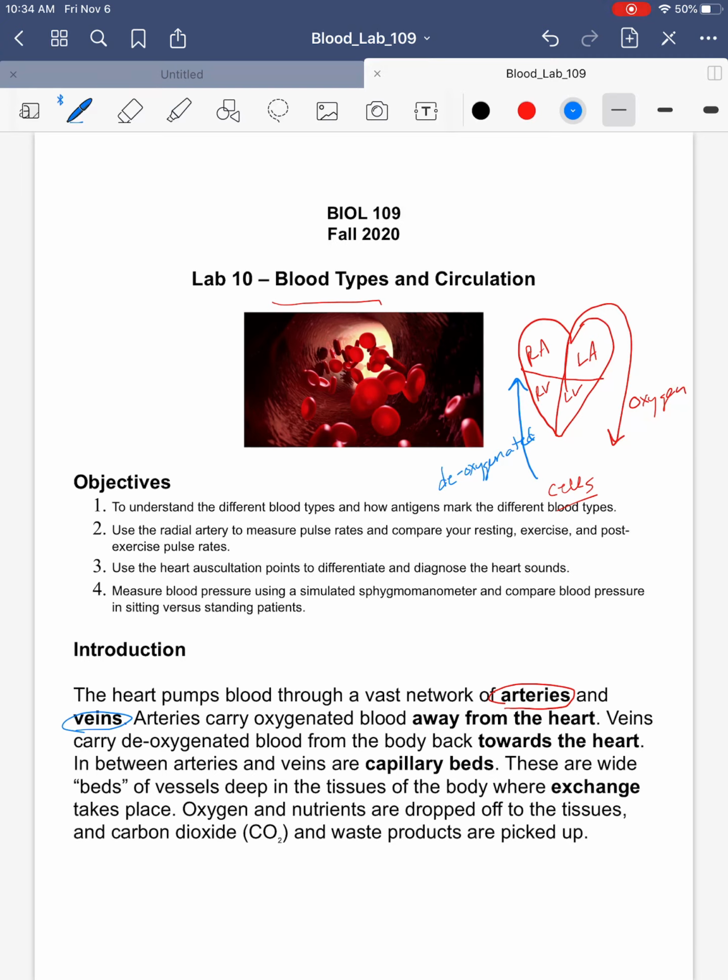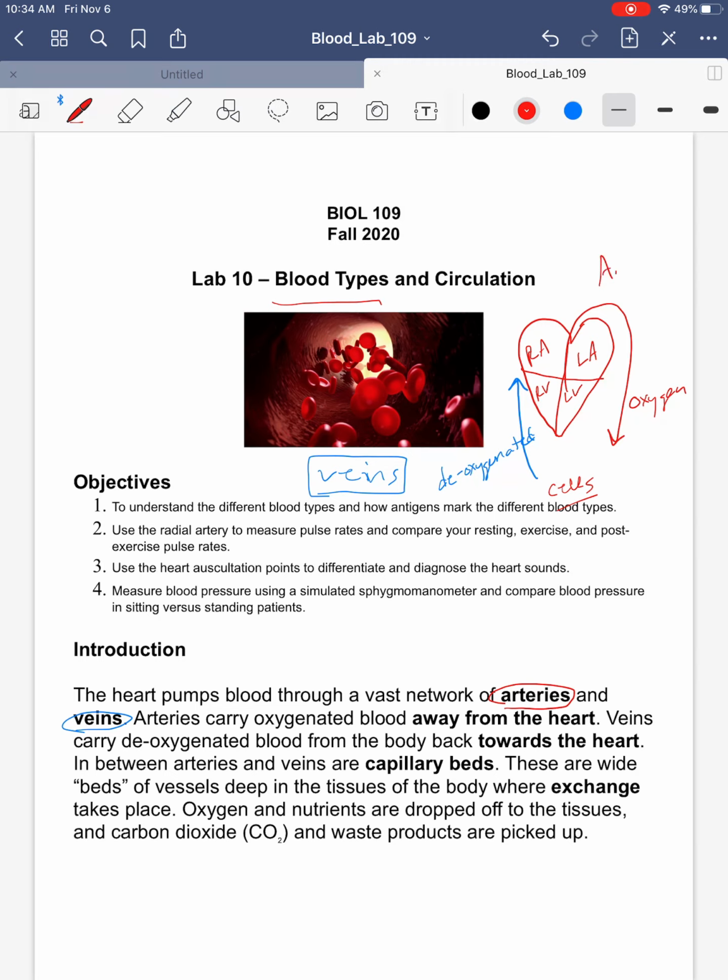So make sure you know the difference. So in the blue we have veins, and you should know that veins carry blood towards the heart. And you should know that veins carry blood that is deoxygenated. So veins carry blood towards the heart, and veins carry blood that is deoxygenated, does not contain oxygen.